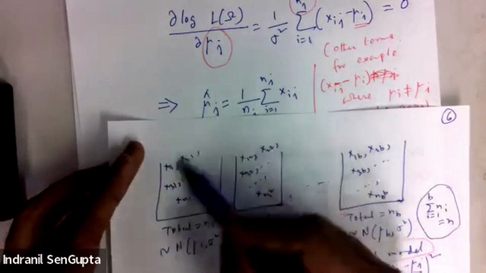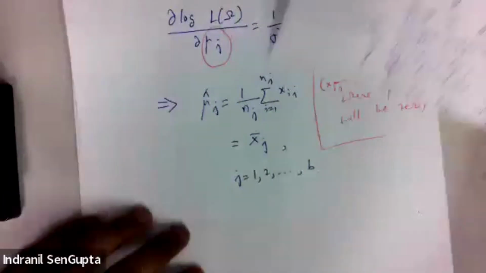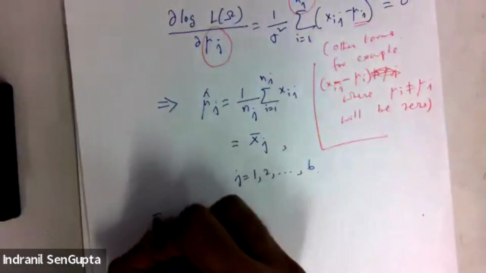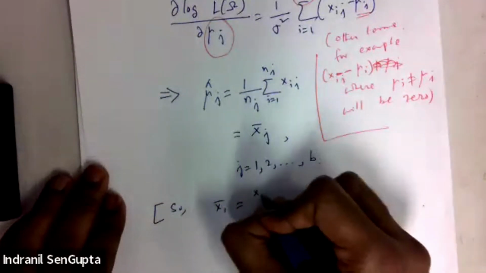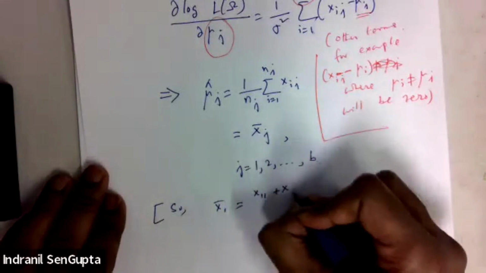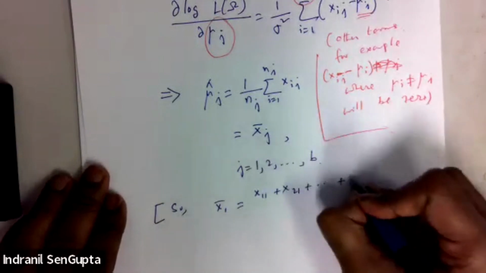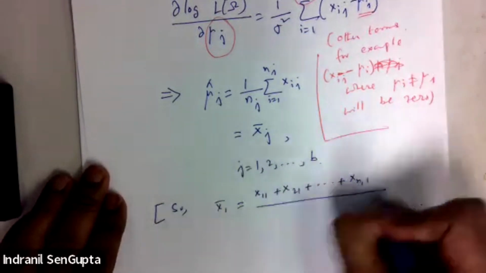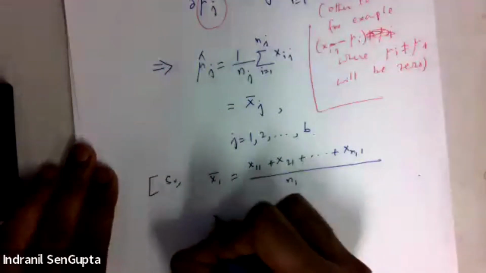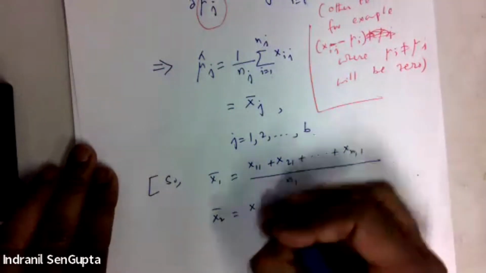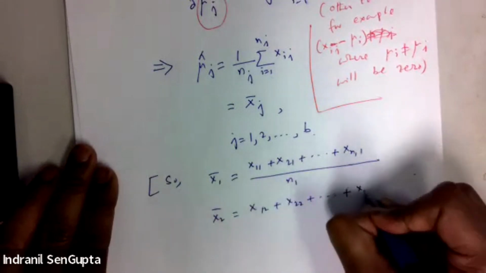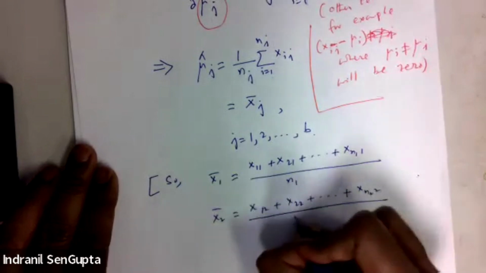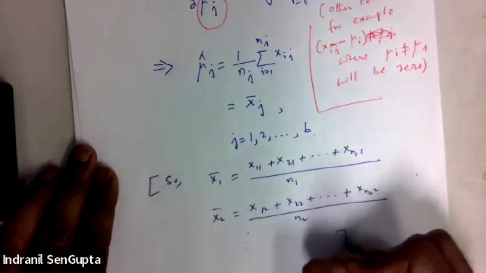What is x1 bar? x1 bar would be x11 plus x21 plus up to x n1 1, over n1. x2 bar would be x12 plus x22 plus up to x n2 2, over n2, and so on.